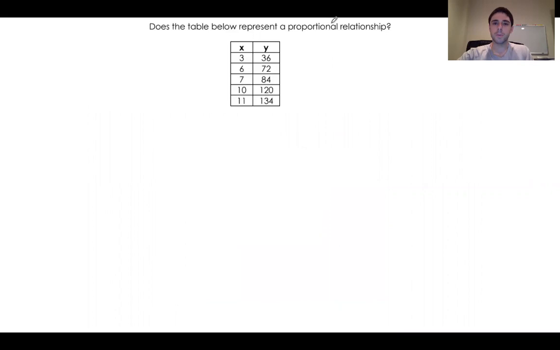Does the table below represent a proportional relationship? How do we know if a relationship is proportional?